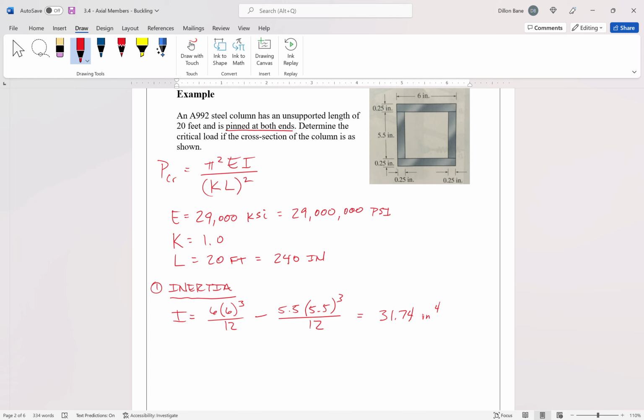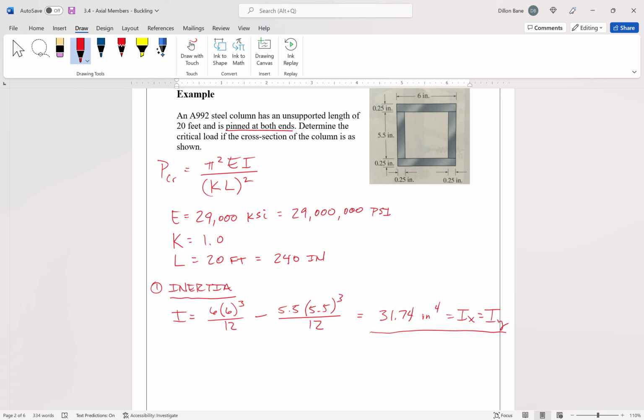If you take a look at this particular cross section of this tube, it doesn't really matter what we call Ix or Iy because it's completely symmetric about each of its orthogonal axes. So I'm just going to put here that this is the moment of inertia in the x and the moment of inertia in the y. It doesn't matter which way we're looking at. And it does matter which way we look at it because we can always have buckling in different directions.